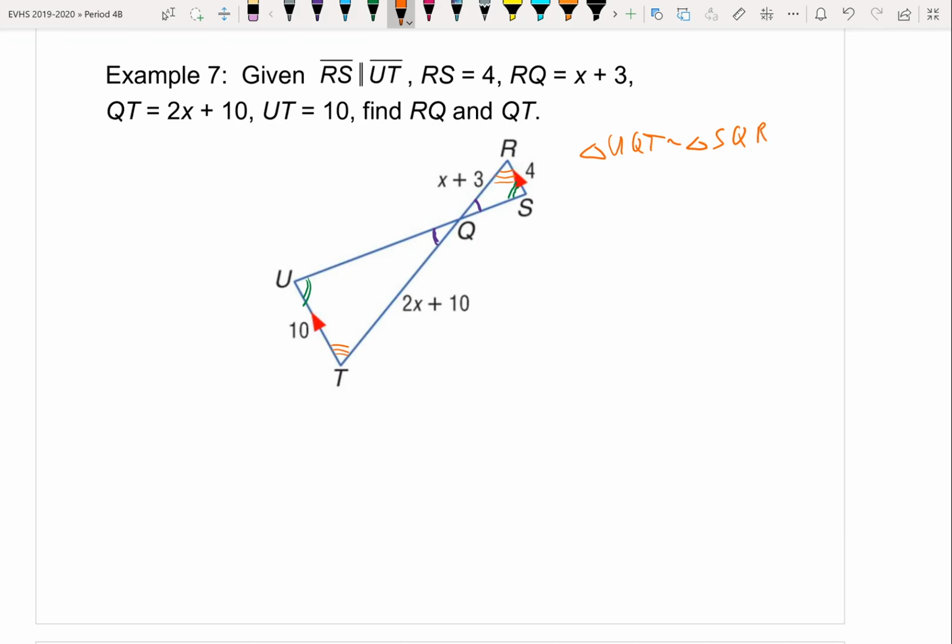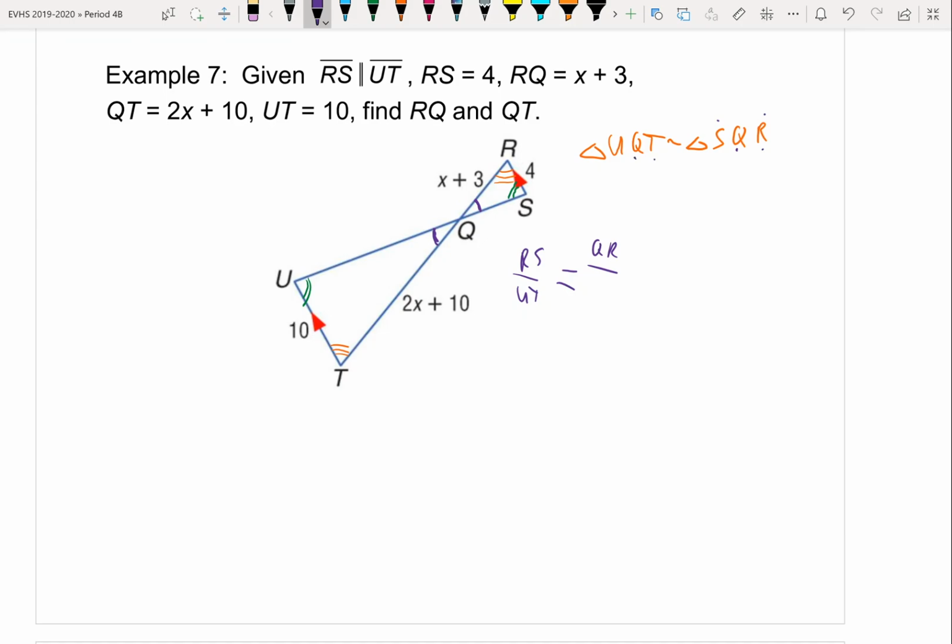Now that's important for us to write out because we want to make sure we get all the right corresponding parts in here. Thankfully on this one there's only two parts of each triangle and I can kind of figure it out just by looking, but I want to make sure that I'm accurate with the way that I set up this proportion. So let's see, RS is position 1 and 3 over UT is going to be equal to QR, and QR is position 2 and 3.